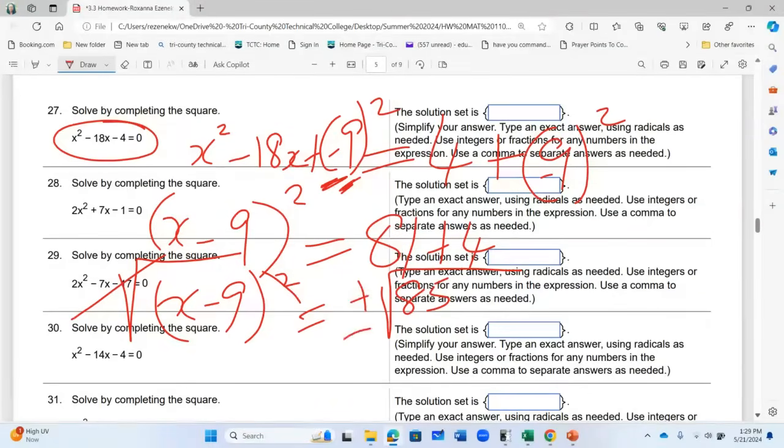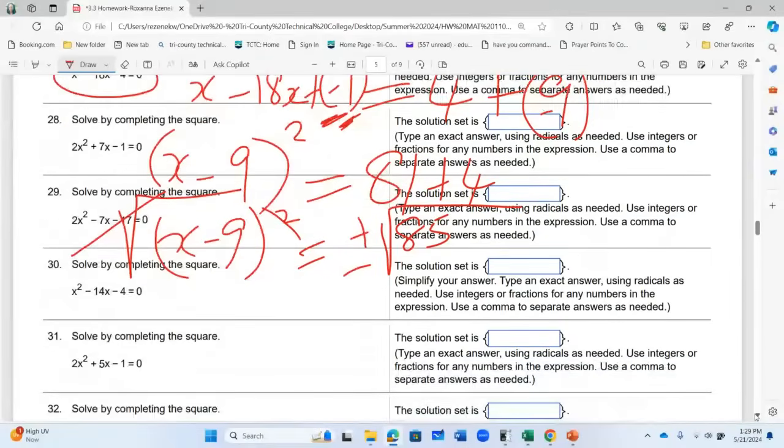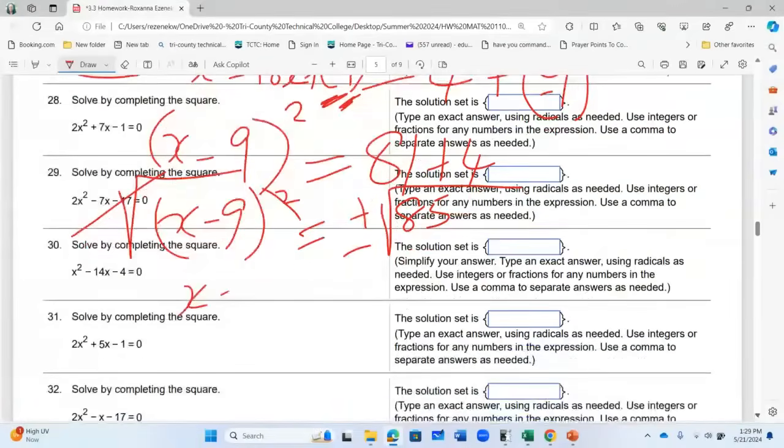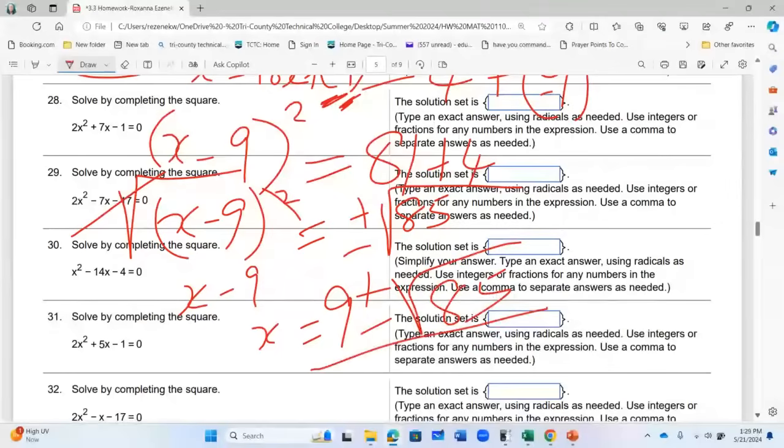All right, now that I have found the square root of both sides, on the left-hand side I have x minus 9 remaining, but I'm solving for x only. So I'm going to write x is equal to 9 plus or minus square root of 85. Well, guess what? You are told to leave your answer in exact form.